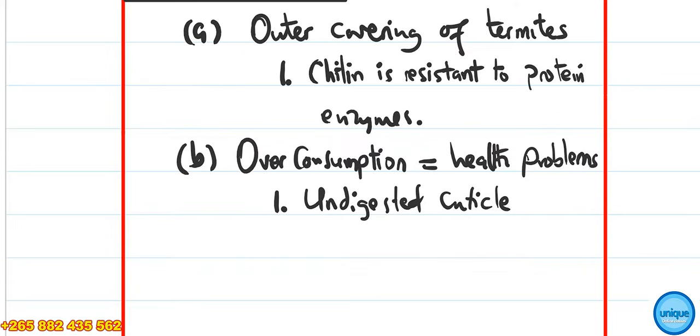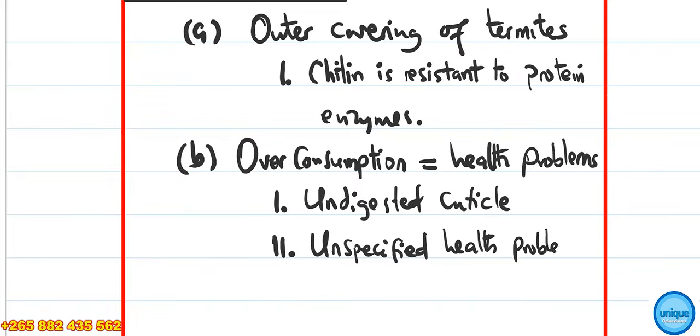So you can put that one as a supporting point. You can put this one as unspecified health problems. Tingoikabe unspecified health problems. So kudziko kuti mavuto amakhala mtundu wanji, unspecified health problems.